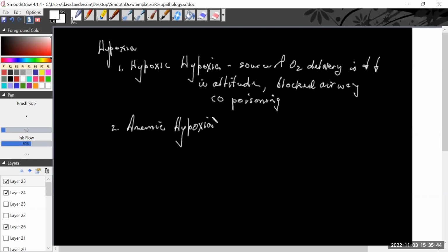Now, if it's called anemic hypoxia, where do you think the problem might be there? In the blood? Yeah, so basically those are scenarios where there's decreased oxygen delivery to the cells.